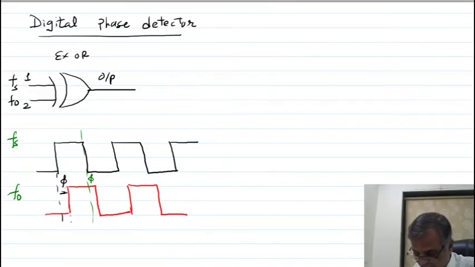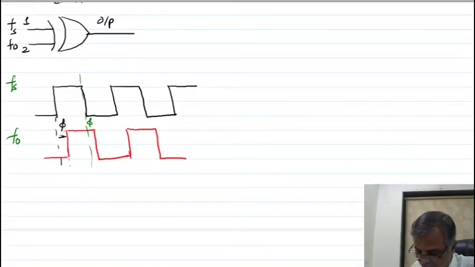So I will draw the output waveform of this circuit: it is high during this time. During this time, both inputs are at the same level, so the output of the circuit is 0.